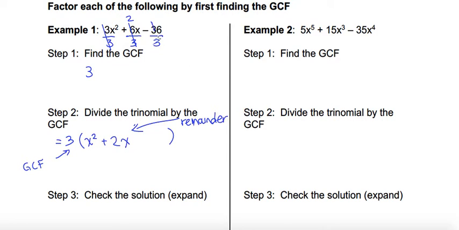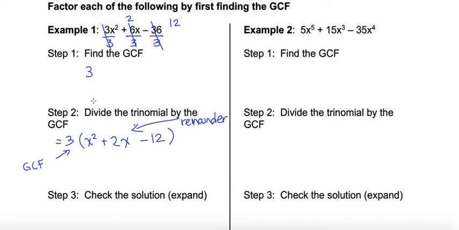And negative 36 divided by 3 is negative 12. So I write my greatest common factor out front of my bracket, and what goes inside the bracket is the remainder when I divide each term by my greatest common factor.